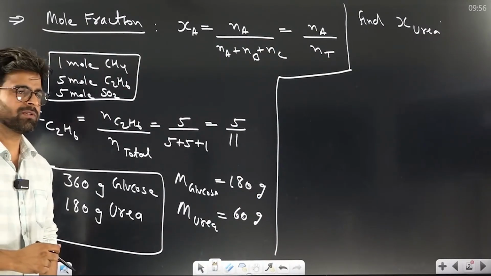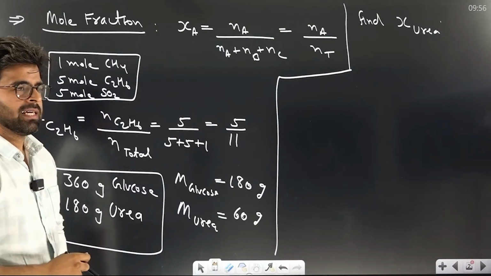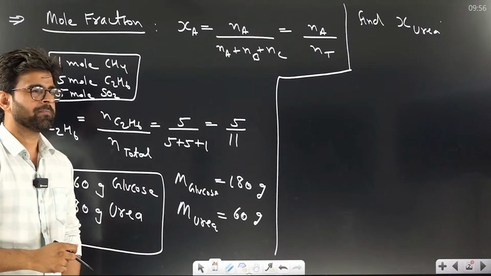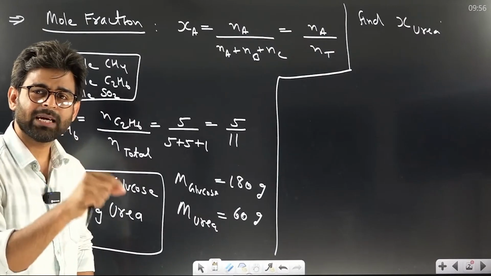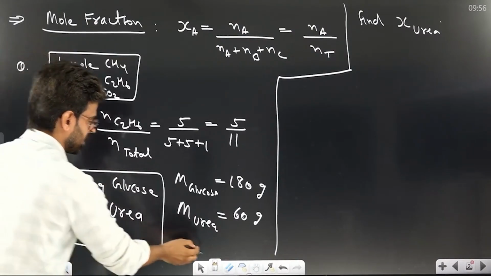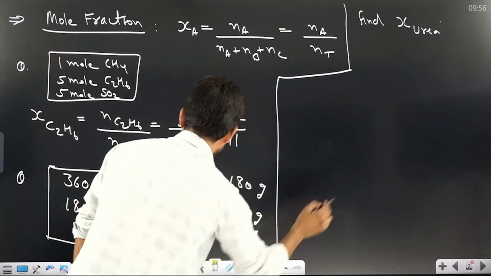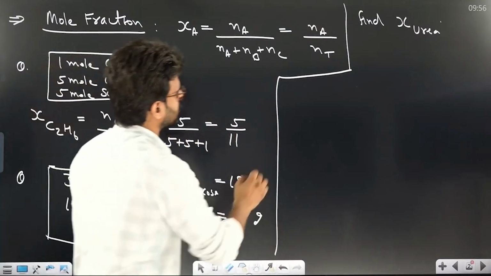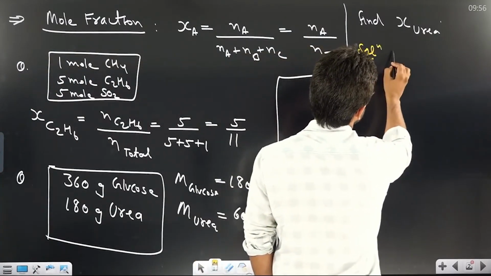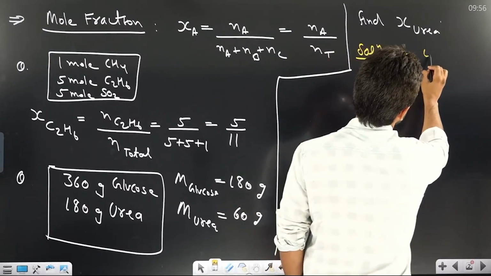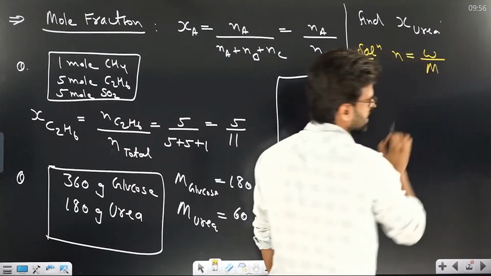Yes, everyone. Very good. What we have to do? First, given weight divided by molar weight. Look at this. How to find moles? We know the formula. Mole is given weight by molar weight.